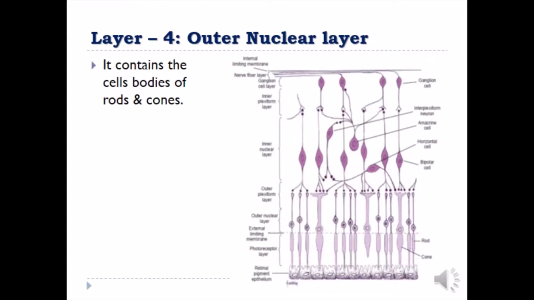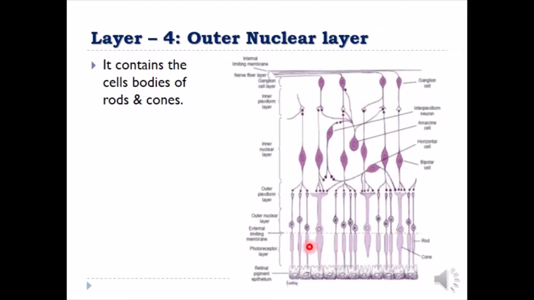All right, we are coming to the fourth layer now. Layer 1 retinal pigment epithelium, layer 2 the photoreceptor cells, and layer 3 the external limiting membrane, and layer 4 is the outer nuclear layer. Remember that this is the outer cell, this is the middle cell, and this is the inner cells.